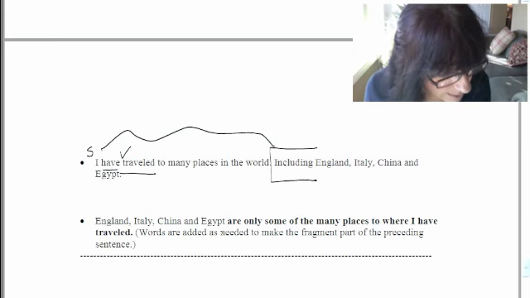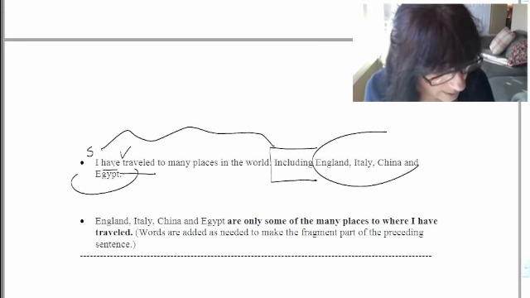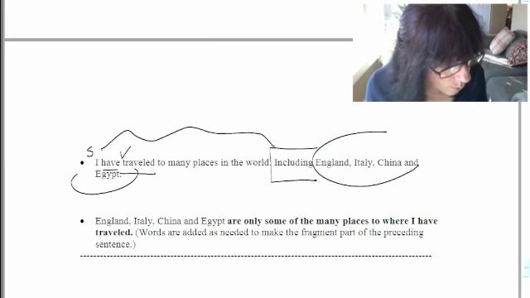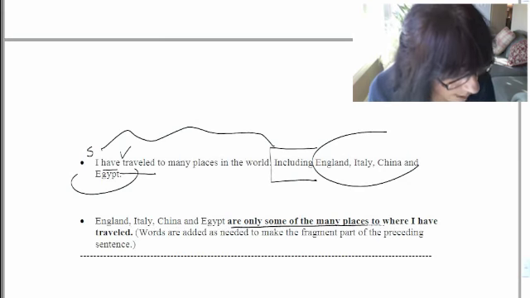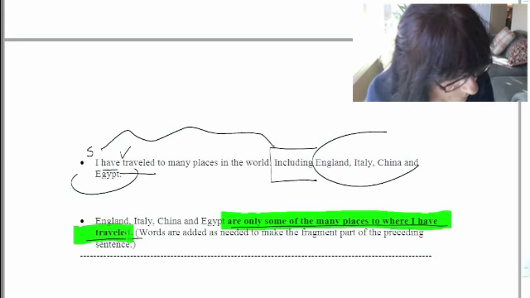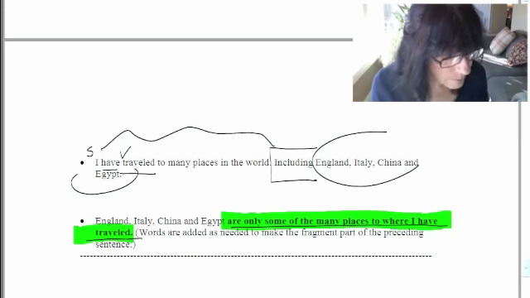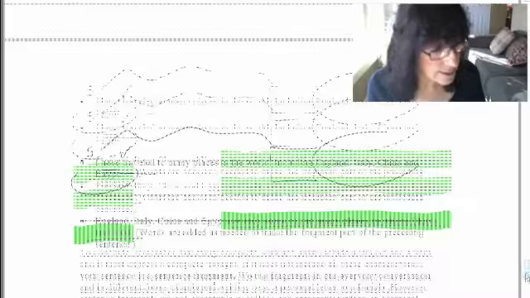So I wrote England, Italy, China, and Egypt, so I started with the second part of the sentence, are only some of the many places to where I have traveled. So I've added all these words in to make it a lot clearer. So words are added as needed to make the fragment part of the preceding sentence.